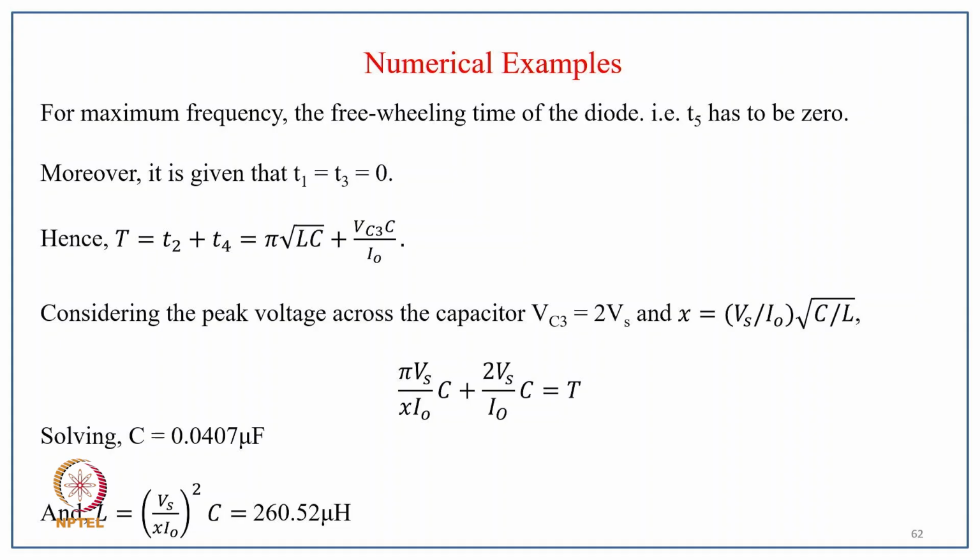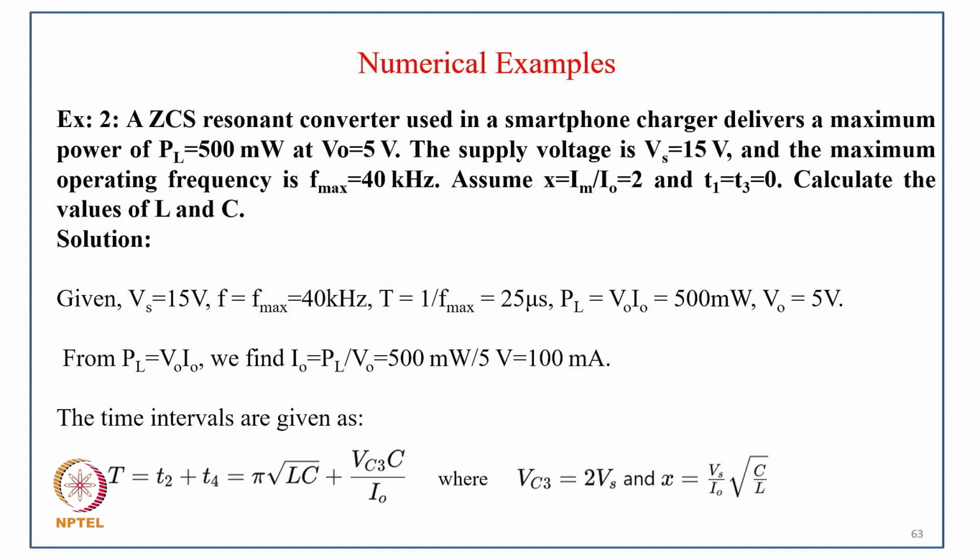Moreover, it is given that T1 equal to T3 equal to 0, and hence T equal to T2 plus T4, that is pi under root LC plus Vc3 C upon I0. For the peak voltage, capacitor voltage Vc3 equal to 2 Vs, that is X equal to Vs upon I0 under root L by C. So we get here, by putting values, C equal to 0.407 microfarad and L comes equal to 260.52 microhenry.